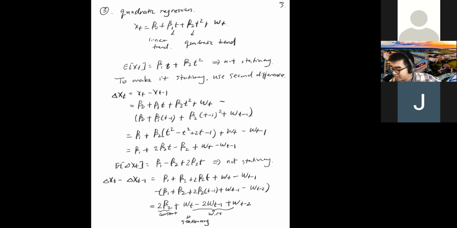Okay, so I think all these examples, you should be very familiar with. So now let's introduce some notation, just to write things easier. We will use the backshift operator, which will make our notation much easier.